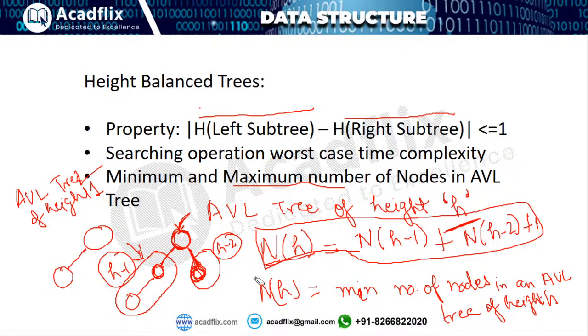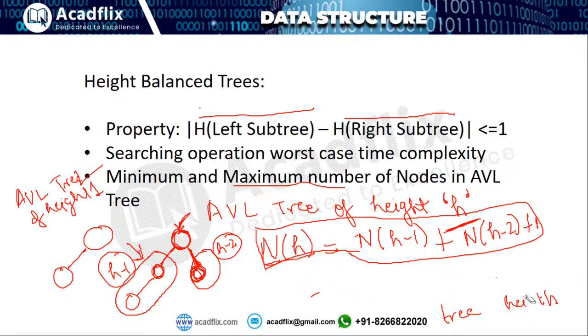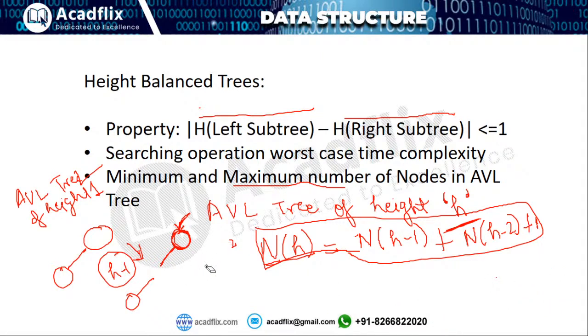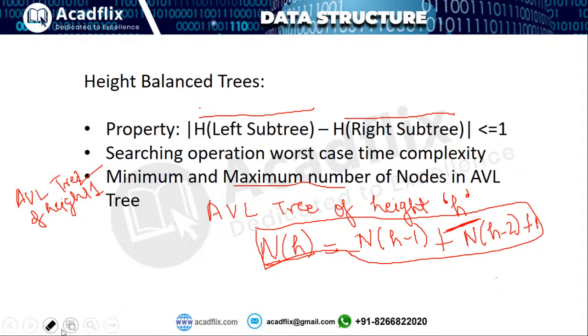So I have given you this formula, but how to use it? Now in the exam, if they ask you what is the minimum number of nodes in an AVL tree of height 0, we know it is 1 only.